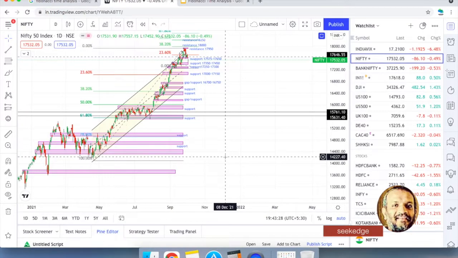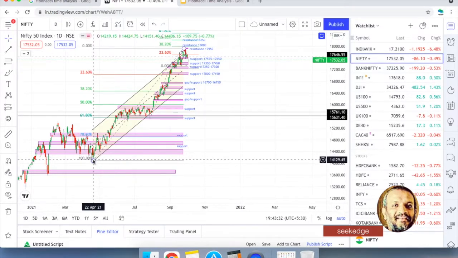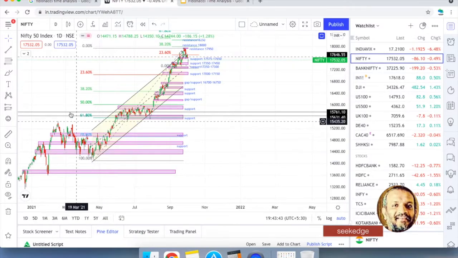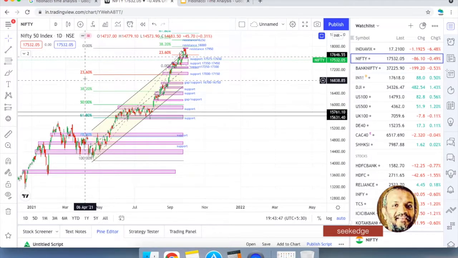In our daily analysis we do the Fibonacci retracements, where you project the likely levels at which the price is supposed to retrace. We have various levels that we have marked: 61%, 50%, 38%, 23%.